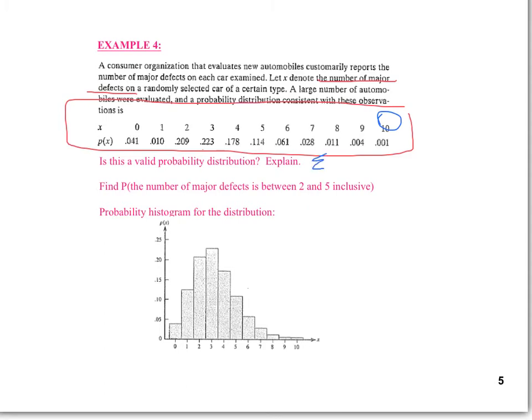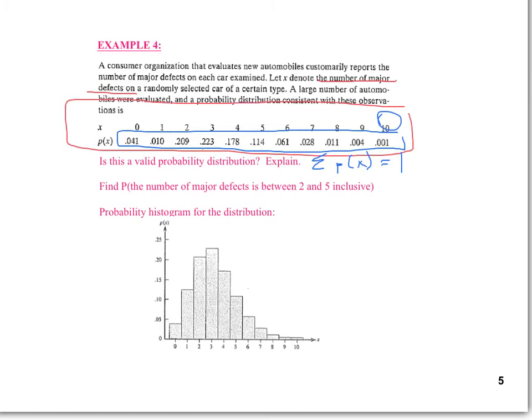Well, if it's valid, each individual probability has to be between 0 and 1, and the sum of all the probabilities has to equal 1. So if you hit pause and take a few minutes and add up all these probabilities, if they equal 1, it's a valid probability distribution.